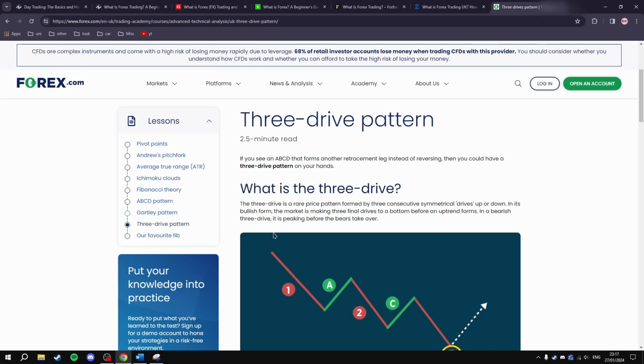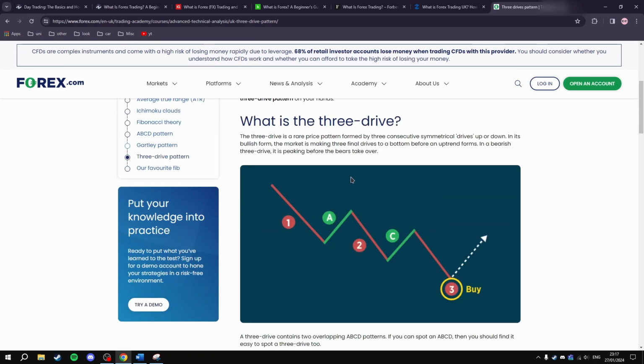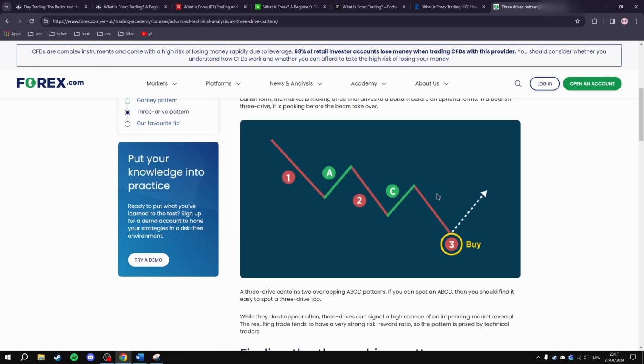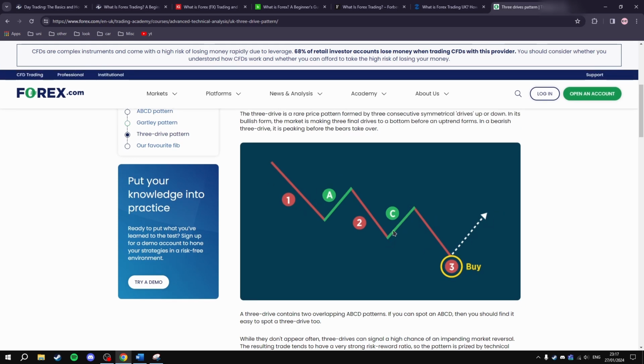In the bearish three drive, it is peaking before the bears take over. 1, 2, 3 before it goes up. 1, 2, 3.